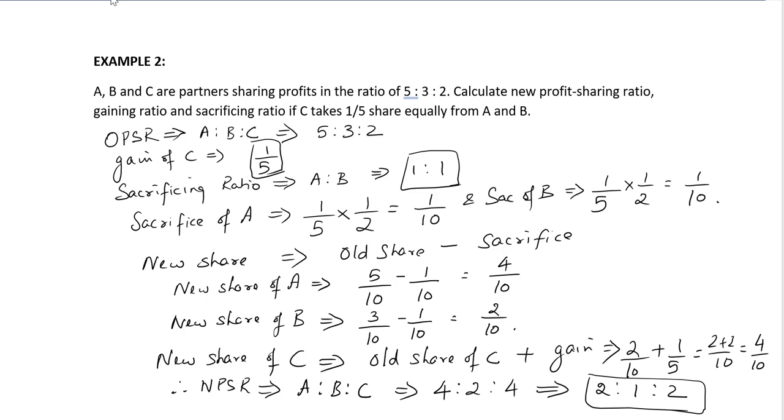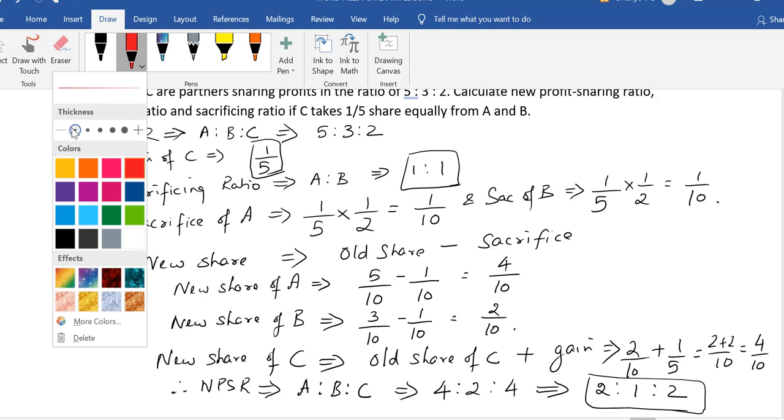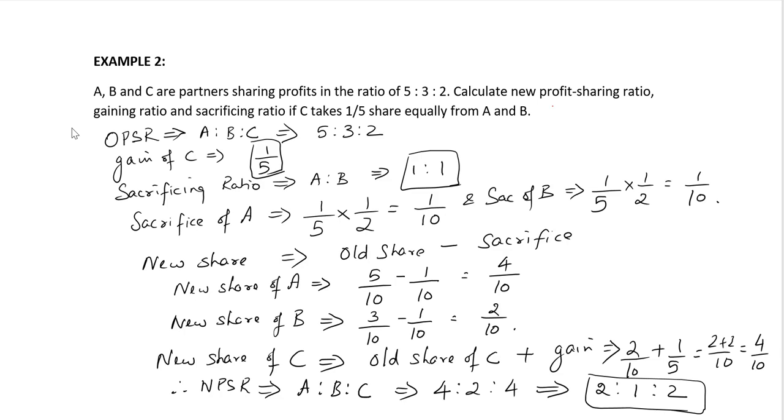So let's summarize this. NPSR between A, B and C is equal to 2:1:2.